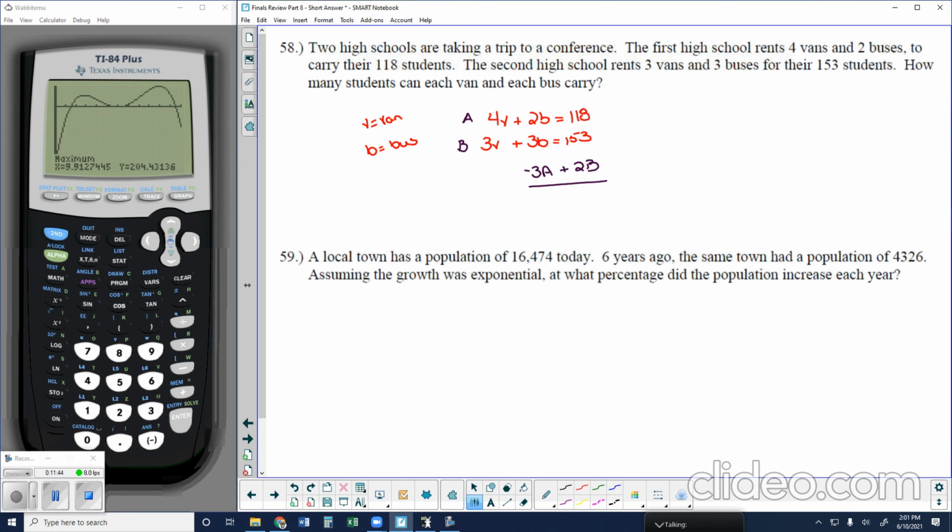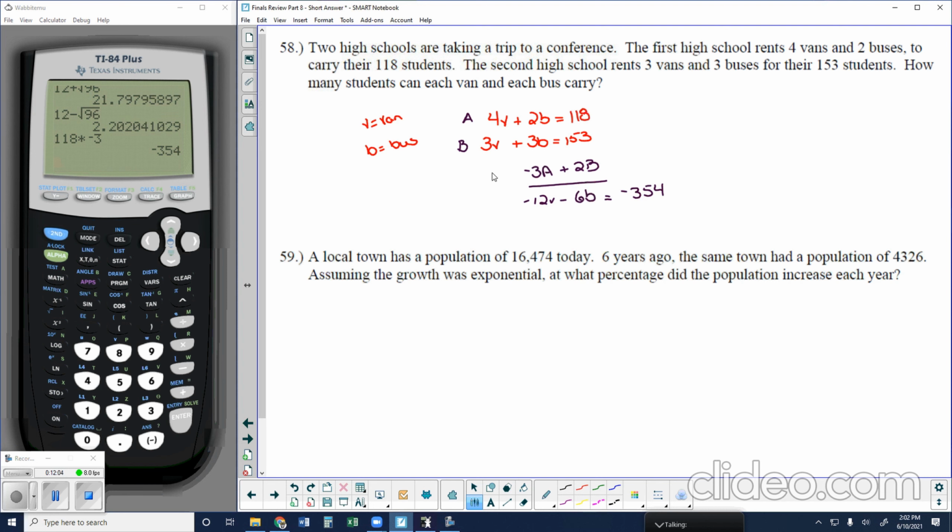So -3A would be -12V minus 6B. And then I'm going to take 118 times -3, which is -354.